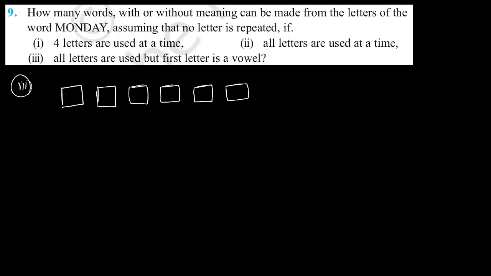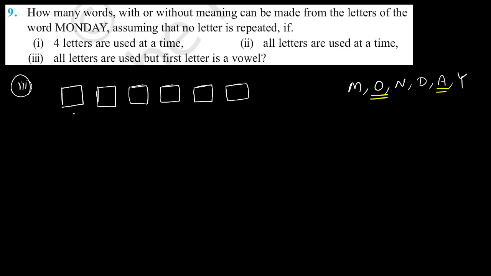First letter is a vowel. What are the vowels in the letters of Monday? Anybody? What are the vowels? O and A. See, A, E, I, O, U are the vowels. So in these letters, O and A, there are 2 vowels.